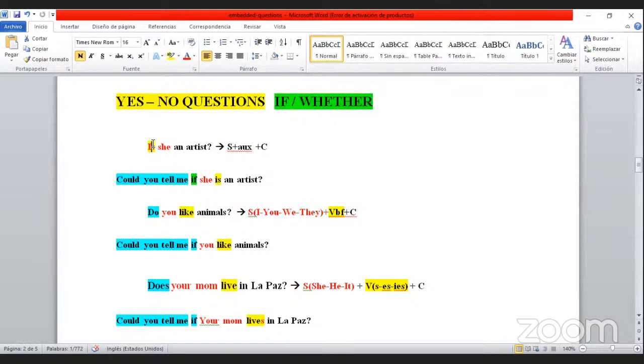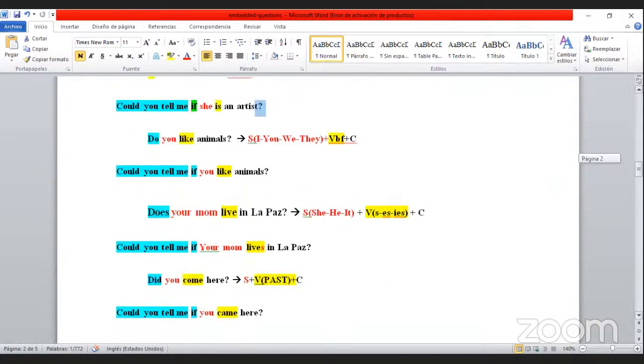So is she an artist? I have to convert this into affirmative. Could you tell me if she is an artist? Okay, so first my subject, after my auxiliary, and after my complement, okay? The same, if it is an auxiliary, with a question mark, okay? In simple present, we do. Do you like animals?